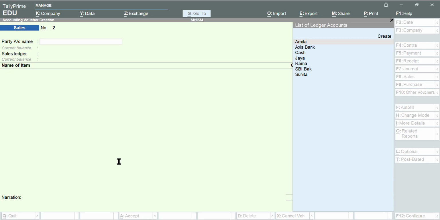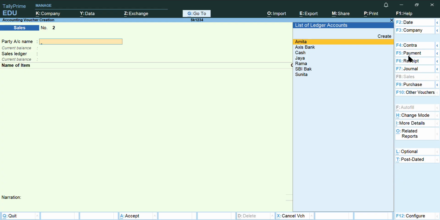We are selling Sherwani 100 at 800 rupees each, and CGST and SGST. It's a sale, so for sales the voucher is going to be sales voucher. So sales voucher is there, it's already open. So what is the party's name? Party's name was Amita.